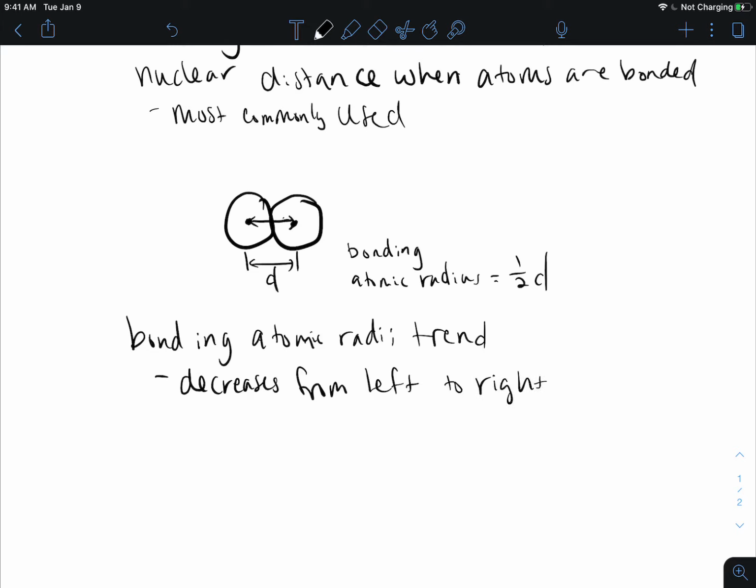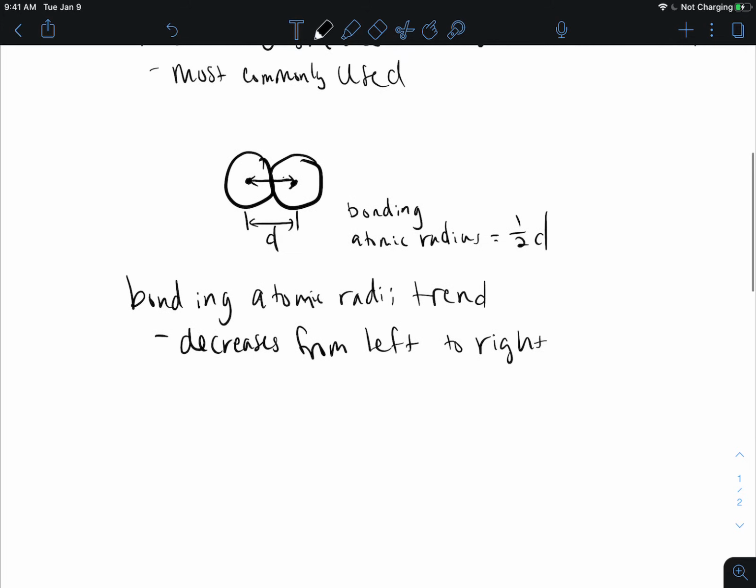The reason this occurs is because as we go from left to right in the periodic table, our Z effective is going to increase.